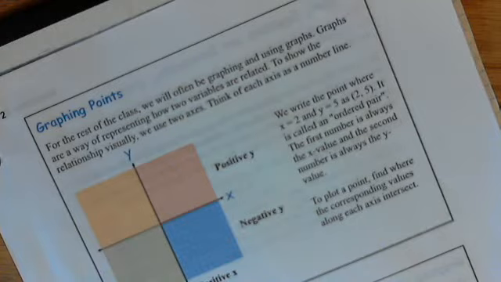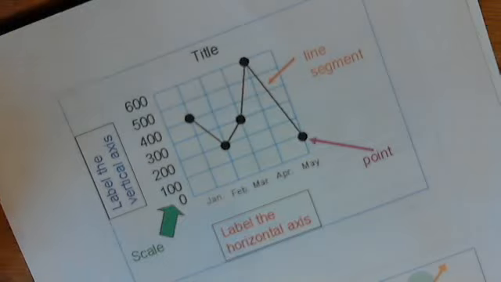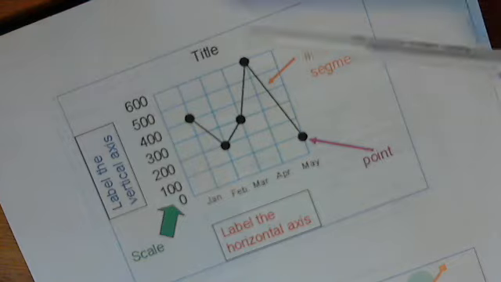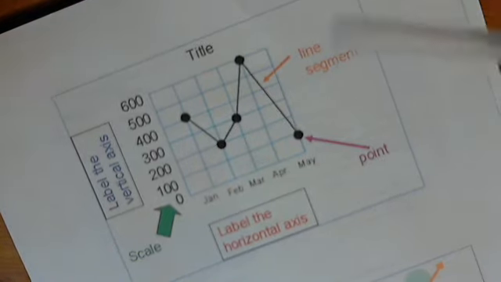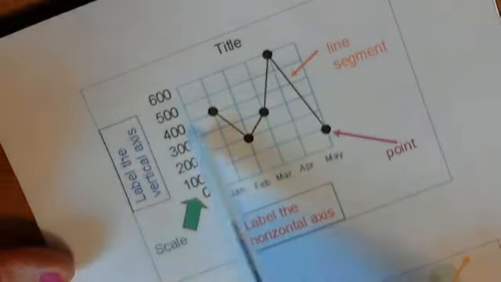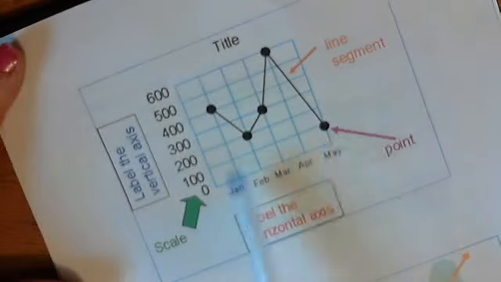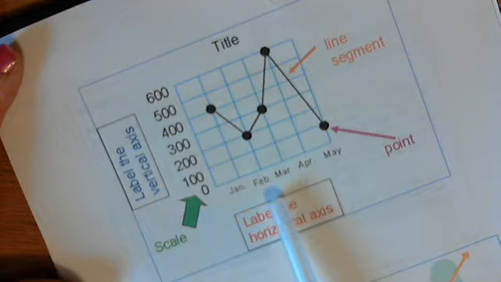Before we get started, I just want to remind you that you see graphs in your life all the time. Maybe the newspaper, magazines, other textbooks, and just a couple of things to keep in mind. Here's a graph of a scatter plot, and some of the details that we want to make sure we're including if we are making a graph about something real. First is a title for the graph so our audience knows what it's about. Labels for the vertical axis, that's the y-axis in this case, and the horizontal axis, the x-axis, such as months here.